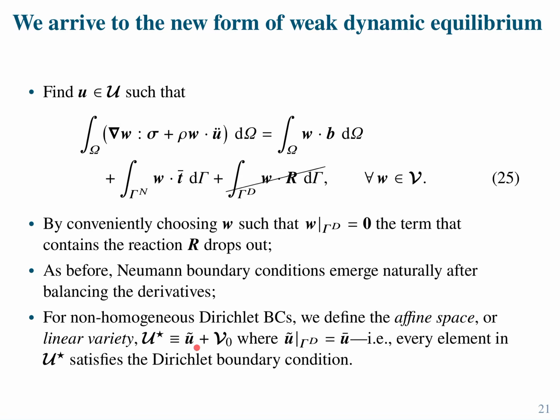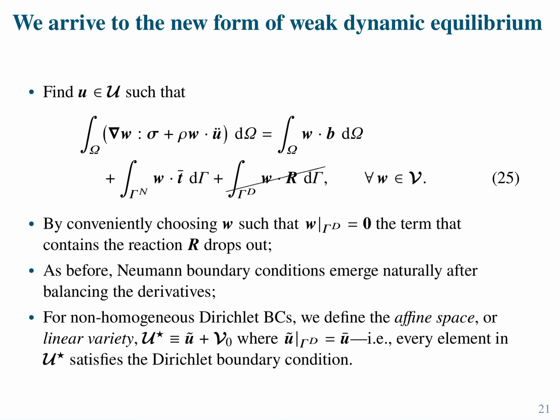Essentially, you take a space that satisfies the homogeneous boundary condition at Dirichlet boundaries, and then you translate that by a function that satisfies the Dirichlet boundary condition. So if you take this guy here, it's called a linear variety. This U tilde satisfies a priori our boundary condition, and this V naught is the same space I use for the test function.